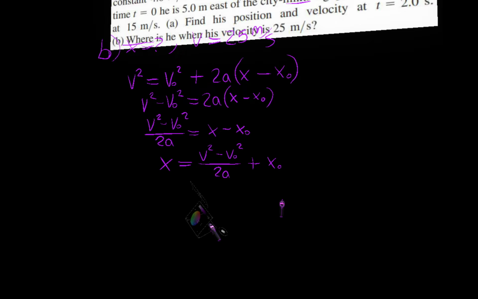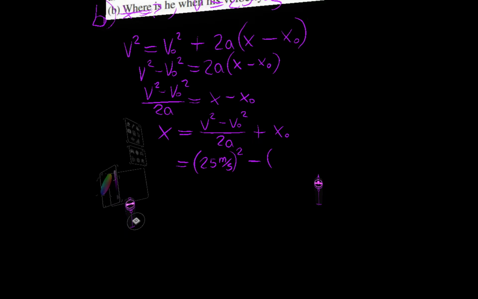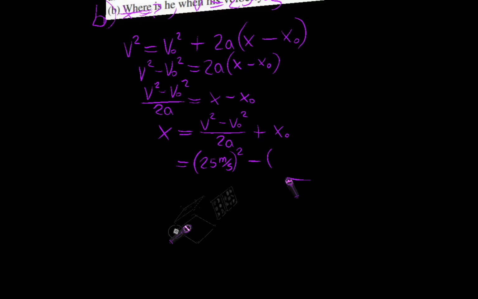Now we can plug in our quantities because we've solved symbolically, and it's very easy to plug everything in, right? So we have x is equal to our velocity, which is 25 meters per second. This was given in part B. So at 25 meters per second, when his velocity has reached this value, what is his position? So that's the 25 meters per second minus v naught. His initial velocity was, I don't even remember, was 15 meters per second.